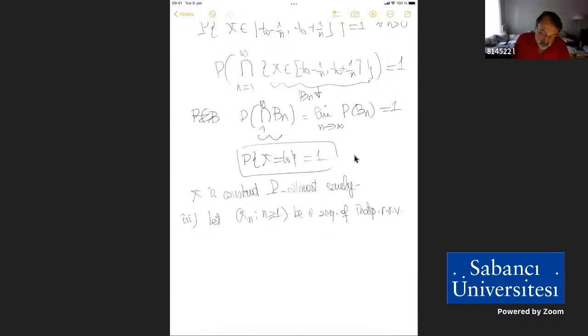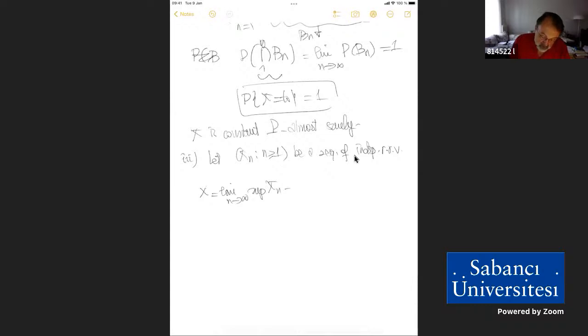So I claim, let X be the lim sup as n goes to infinity of Xn. If you look at this, it is the limit as n goes to infinity of the supremum over k greater or equal to n of Xk. If you take any random variable Xn, and call this sequence, let's say, Zn, then Xn is independent of Zn plus 1 for any n.